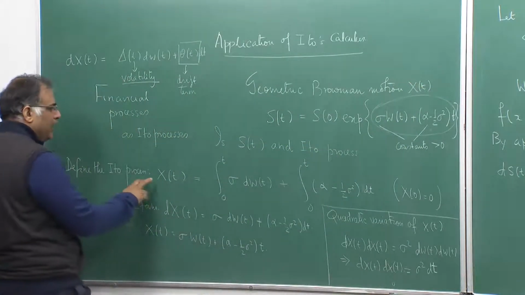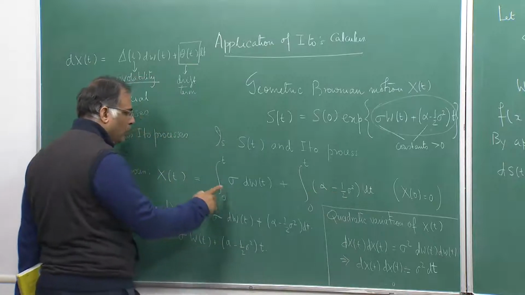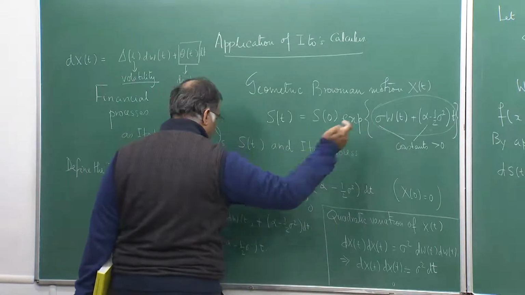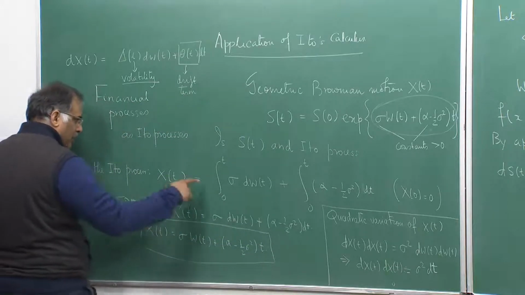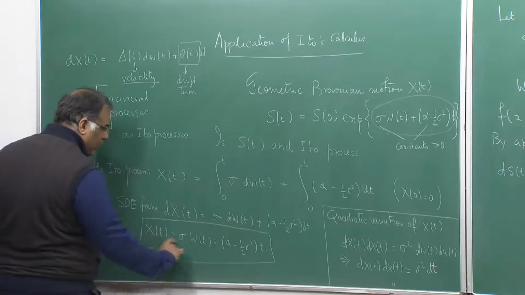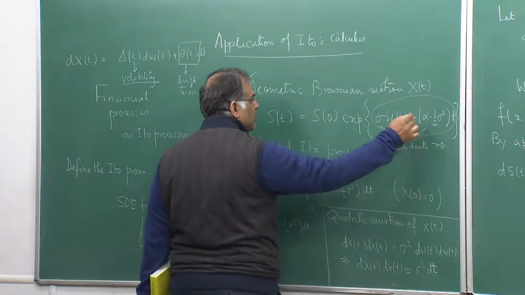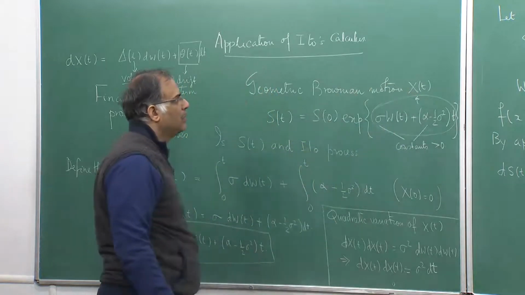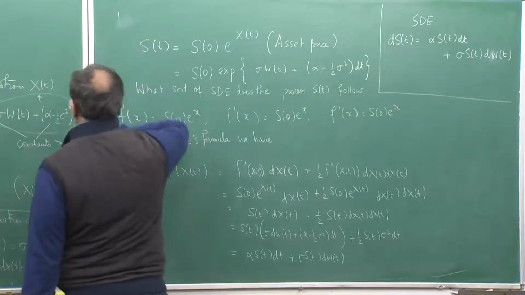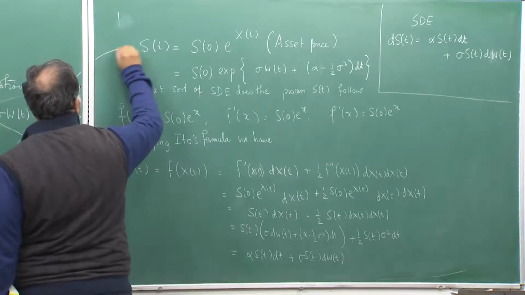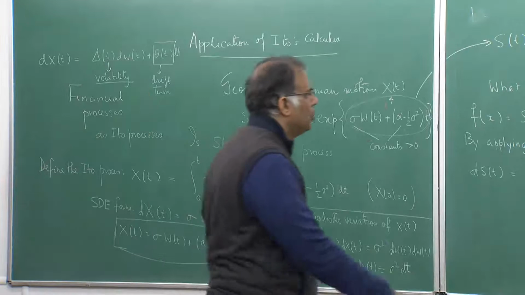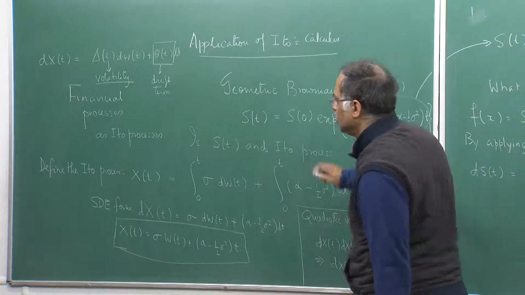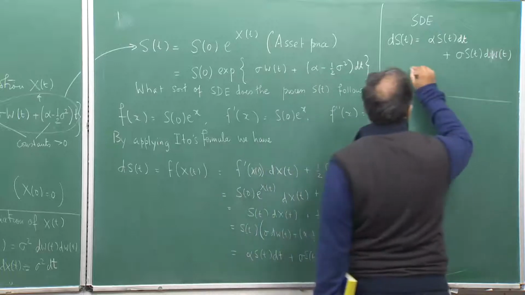In general if you write an Ito process you have to write in terms of an integral, but we know that this is constant. So, if I do the integration, this is what I will get. Basically this is what I have taken as Xt. From here we have found that St is expressed in this form, and then by applying Ito's formula you show that the geometric Brownian motion satisfies the following stochastic differential equation.